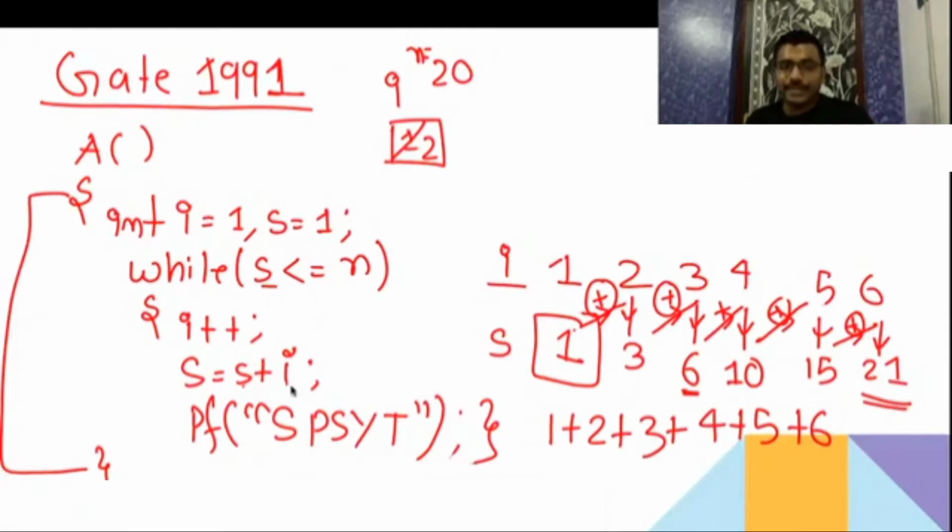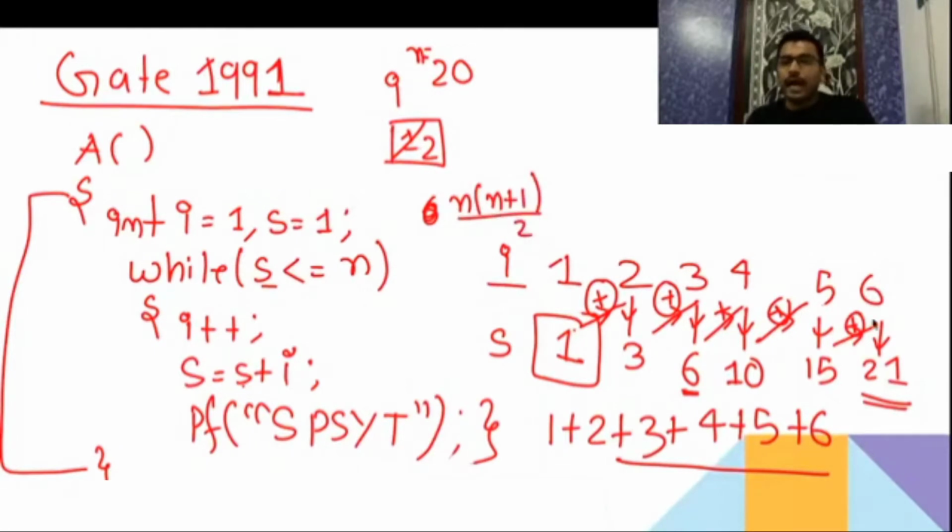So s is taking the sum of the i, and i is increasing from 1, which means it is taking the sum of the natural numbers. If you see, I ran here 6 times, so it is taking the sum of 6. You know the sum of the natural numbers is n into n plus 1 by 2.